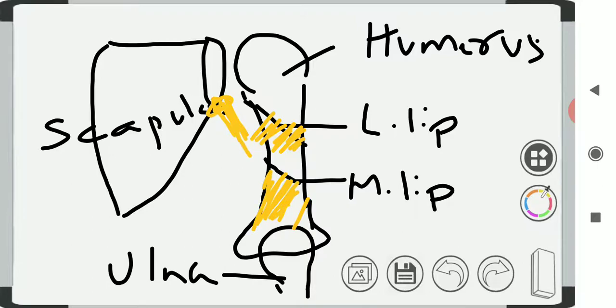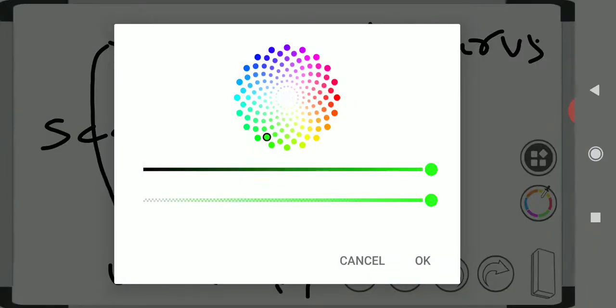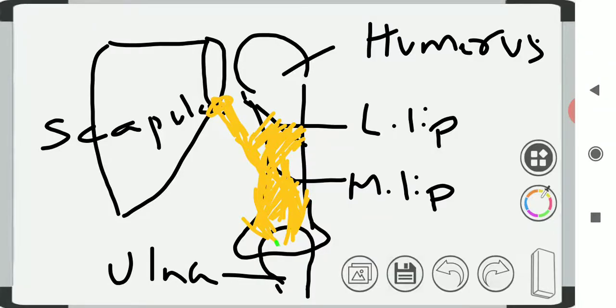Initially the long head joins with the lateral head and forms a flattened fleshy tendon which will then join the medial head of the triceps. So all these heads now converge to form a tendon. Now this tendon is inserted into the olecranon process of ulna.